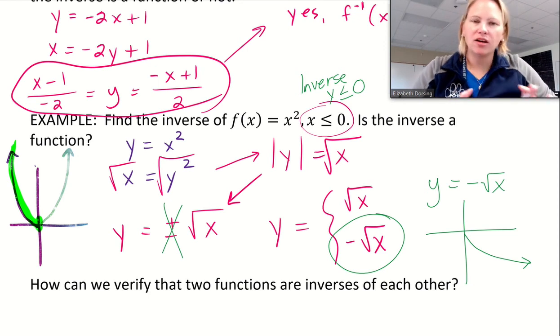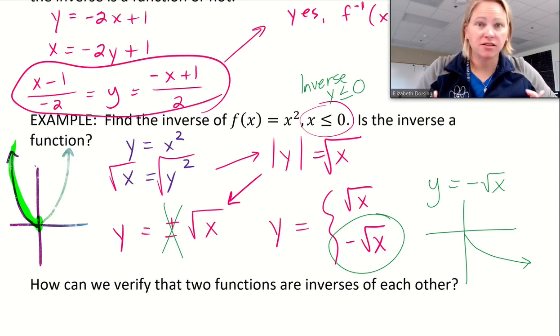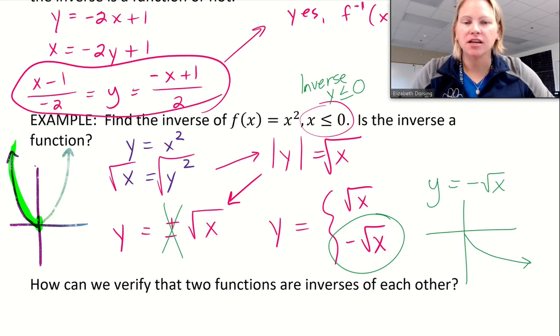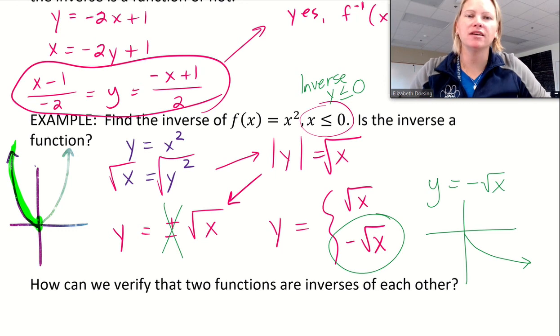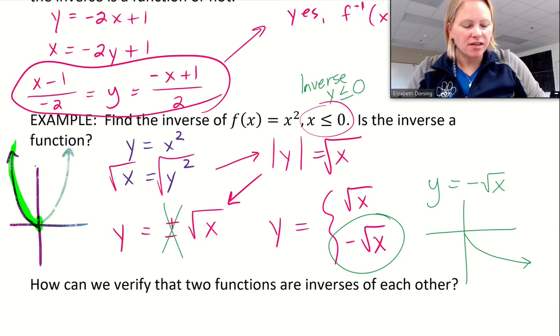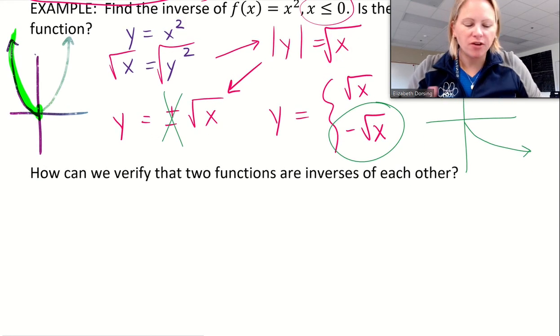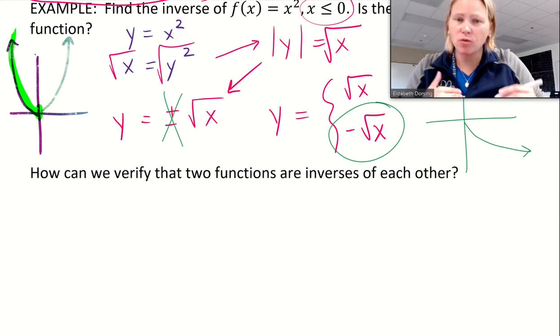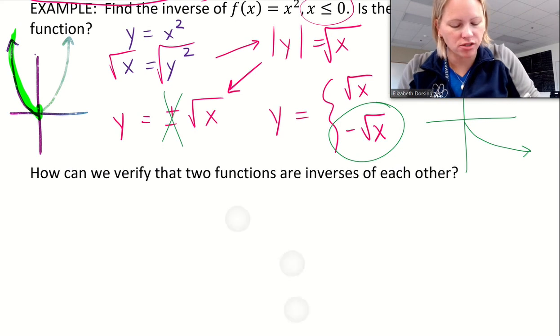So here's where our mathematical thinking takes us on this crazy journey, and we have to pay attention to all the little details. And this is something that, as we get into higher mathematics, this type of thinking is what you want to spend your time doing, just thinking logically through it. Why do I have this domain restriction? What does this do to my problem and my functions? And as always, we always want to remember that when we verify that two functions are inverses, we walked through this in the composition of functions lesson.